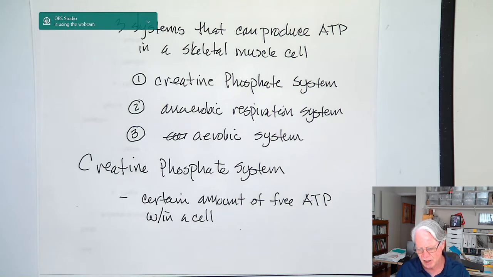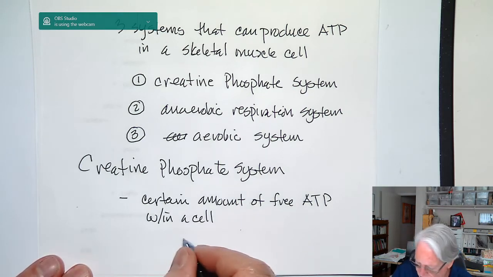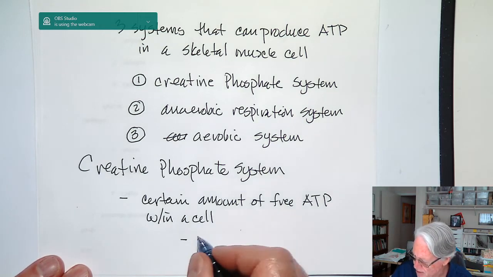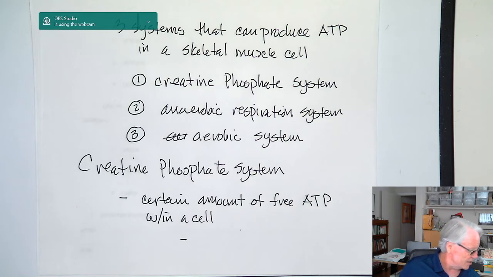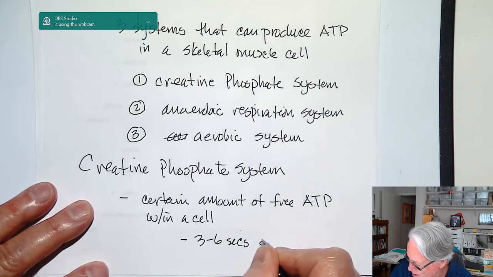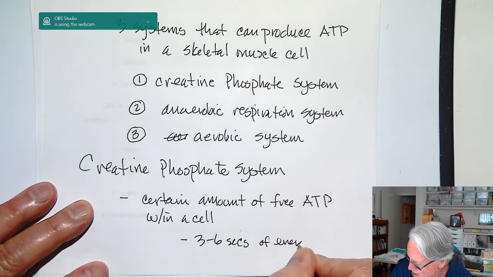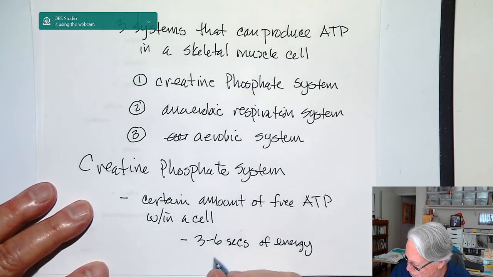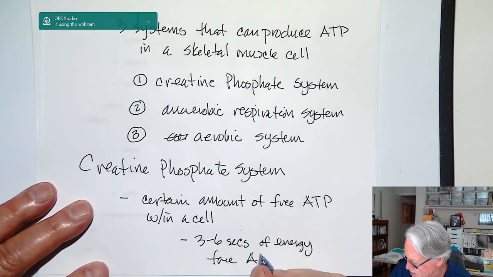Not very much. In fact, maybe about 3 seconds worth of energy is available in the body. So we're talking about 3 to maybe 6 seconds of energy represented by this free ATP.